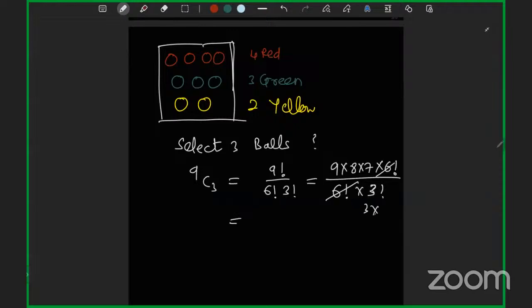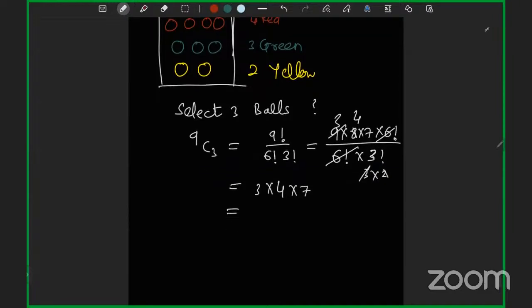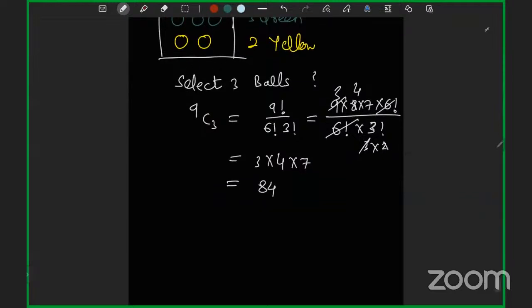So 3 into 2 and 2 here, 3 is 2, sorry, 4. So the answer is 3 into 4 into 7, which is 12 into 7, 84. Yes.